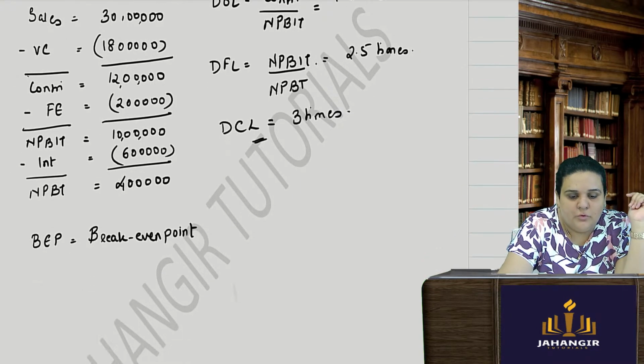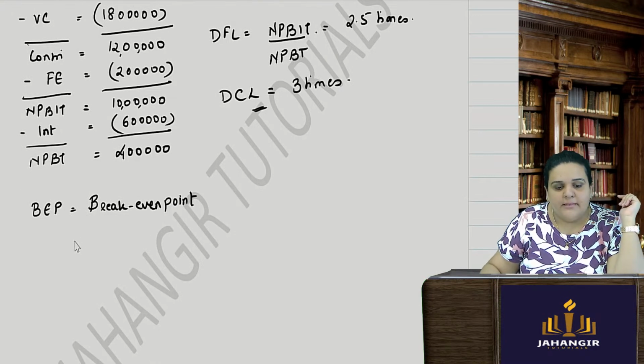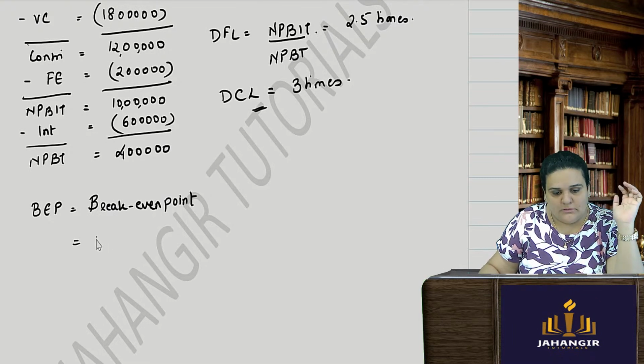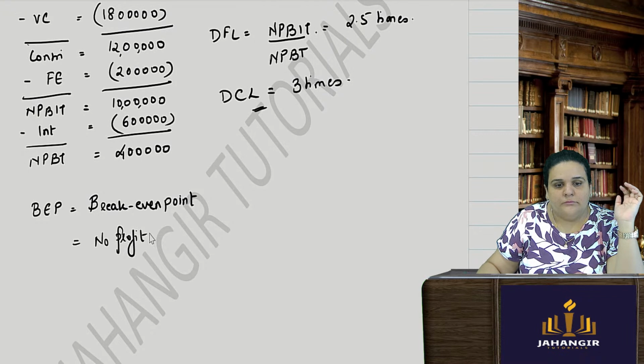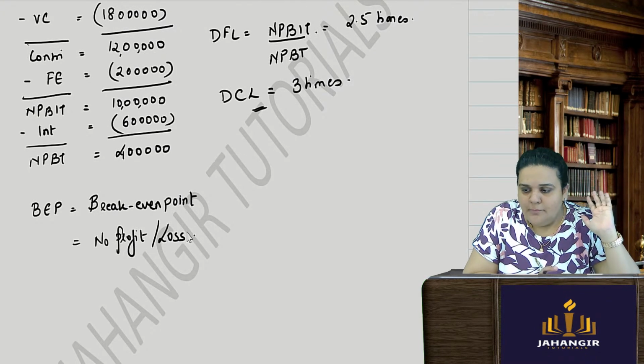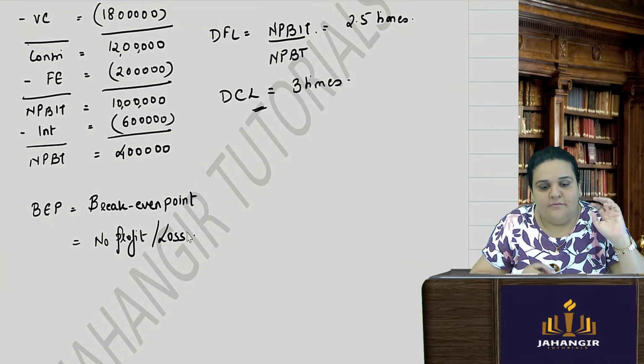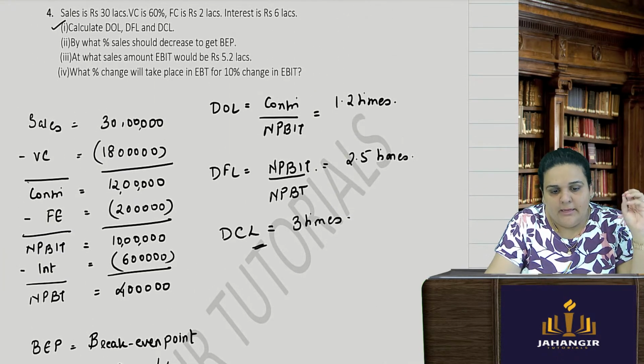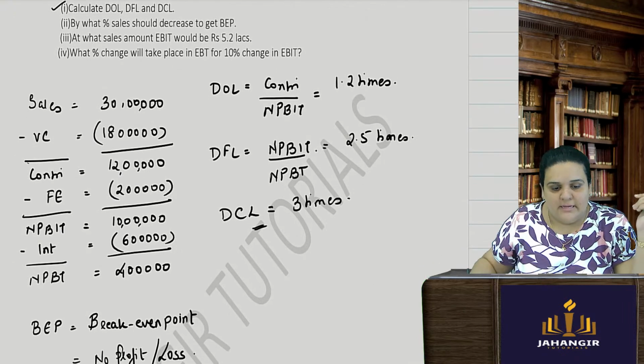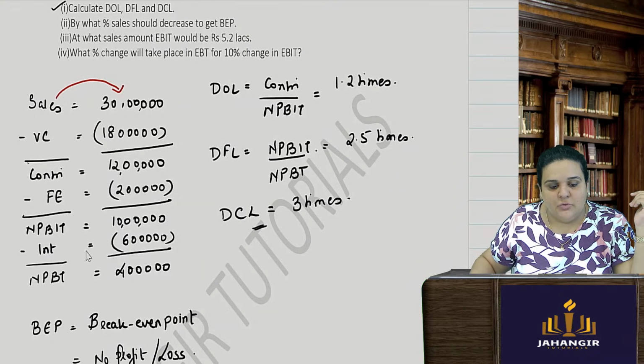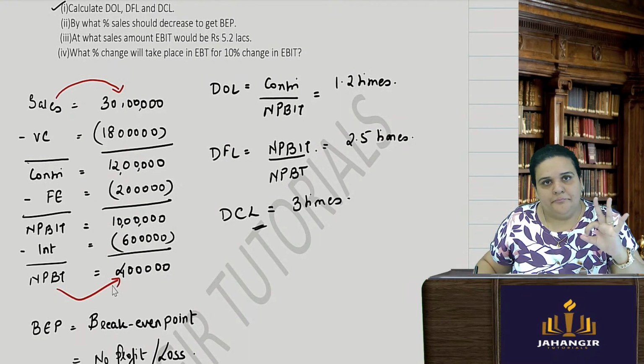Break-even point is nothing but that stage where there is no profit, no loss. So where there is no profit, no loss, it is known as a break-even point. So they are telling me how much should your sales decrease so that your NPBT becomes 0.